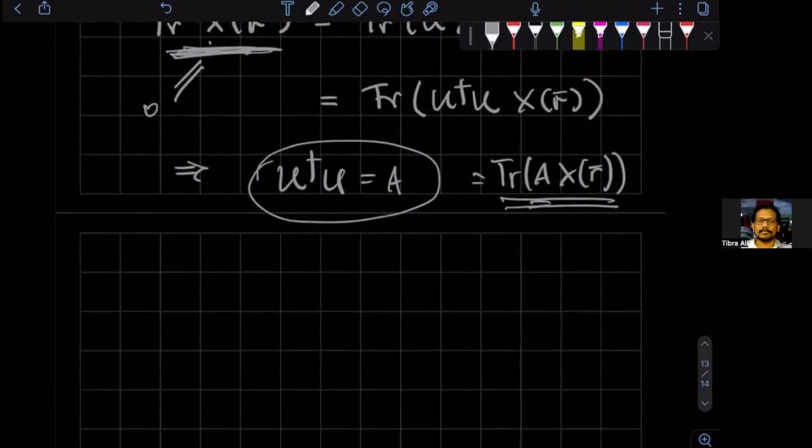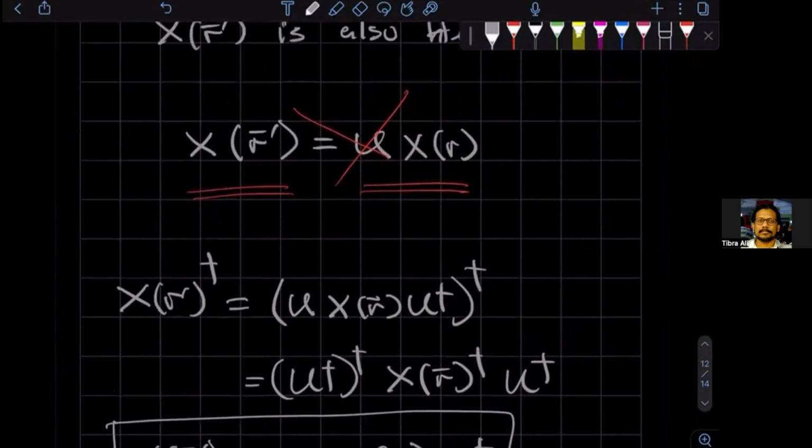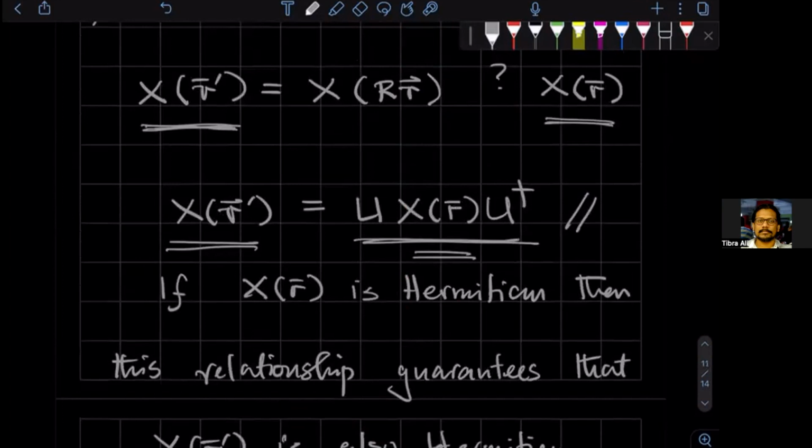So this shows that U is in U2. And we can actually take U to be in SU2 because the phase part of U in this transformation is essentially of this form. So the phase part from U dagger and U, they cancel each other.